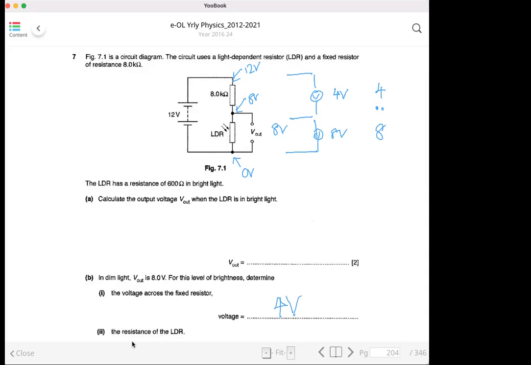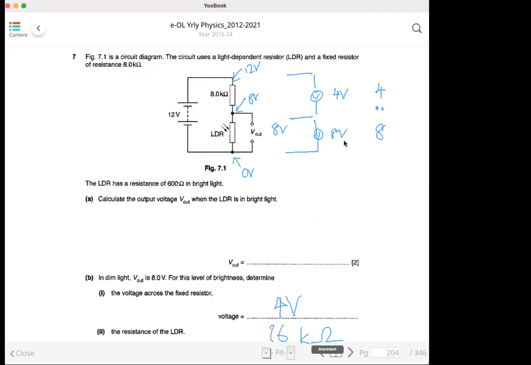Next, what is the resistance of the LDR? You know that the voltage is now in the ratio 4:8. The resistance also will be in the same ratio of 4:8. So if this is 8 kilo ohm, this will be 8 over 4 of 8 kilo ohm. The value below will be 16 kilo ohm. Is that clear?